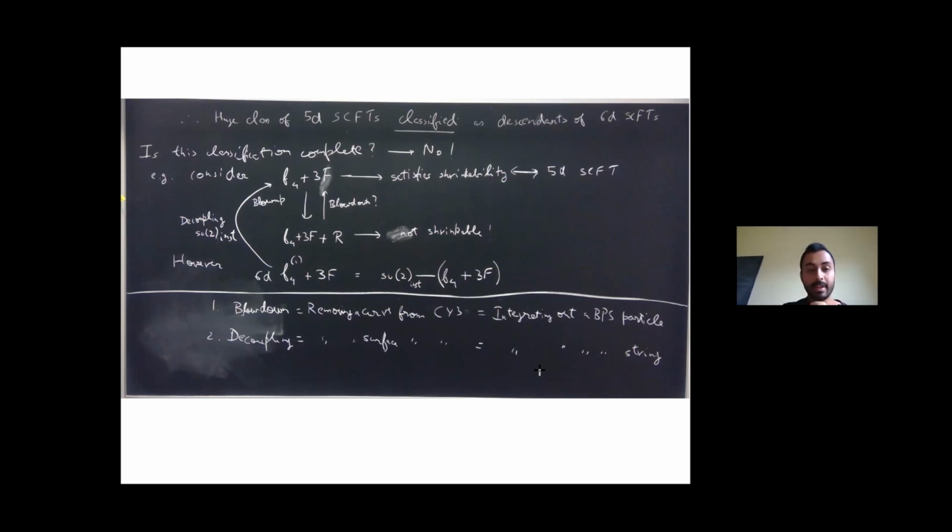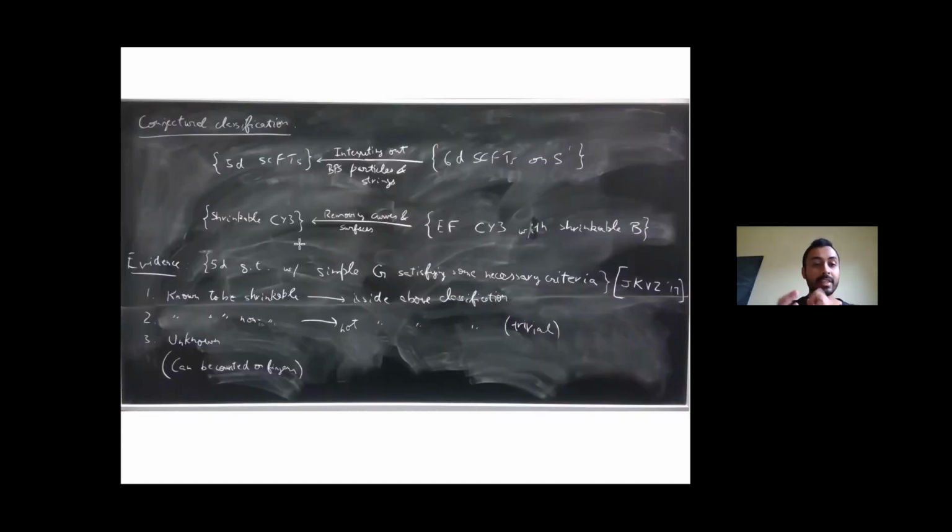So, using these two, we have seen that we can produce almost everything. We can, for instance, produce all of the 5D gauge theories with a simple gauge algebra, which are expected to be UV completed into 5D SCFTs.